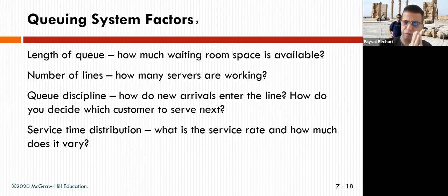How do new arrivals enter the line? How do you decide which customer you serve first? First come, first served, or emergencies, like the ones in hospitals. And we talked about the service time distribution. So what is the service rate and how much does it vary?